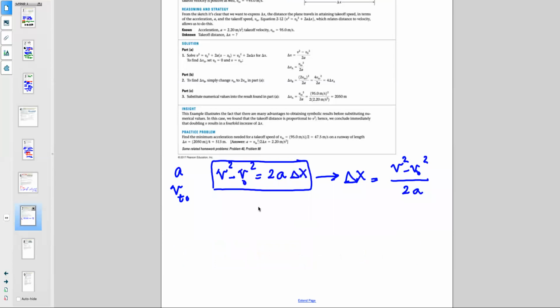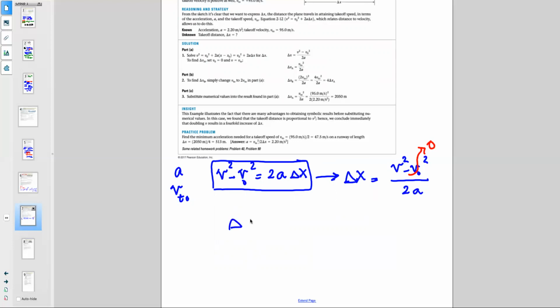So initially when the plane starts, it starts from 0, right? You don't board a plane that's moving, correct? I mean, maybe you do, I don't. So you start from 0, so boom, this is 0.